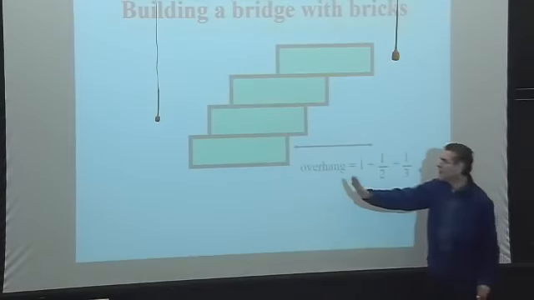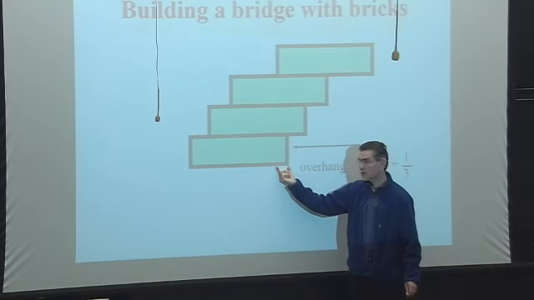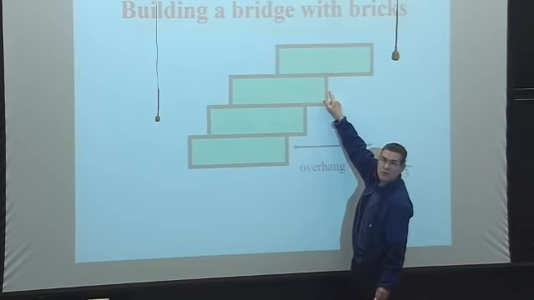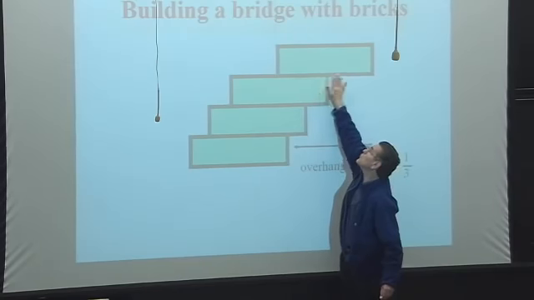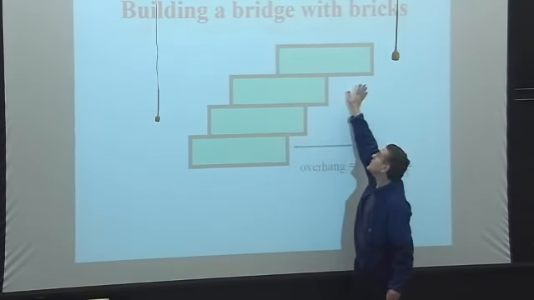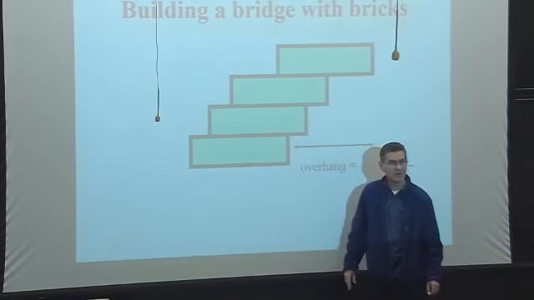And the center of mass of this object is over here, and the center of mass is 1/4 from the edge. So you understand this doesn't fall down because it's balanced on its center of mass. And these two don't fall down because they're balanced on the center of mass. And these don't fall down because they're balanced on the center of mass, and so on.